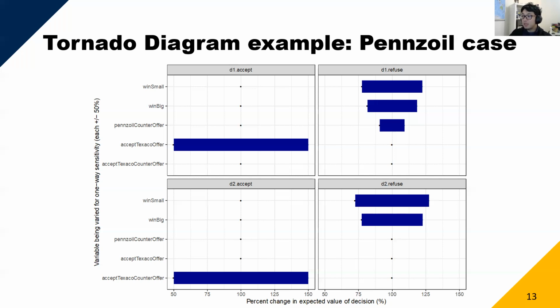Oh, okay, so I see a question. Did I make these in an app or program? So I made these in R, which is a statistical programming software. But you can actually use an Excel add-on.